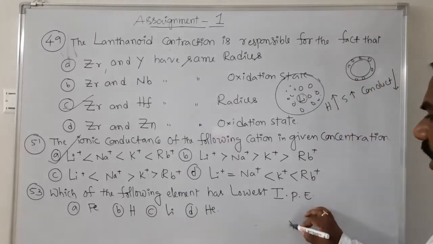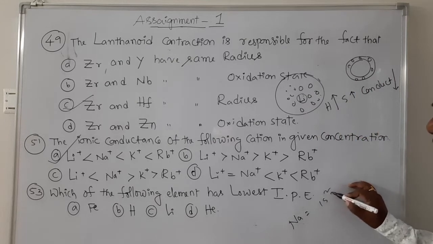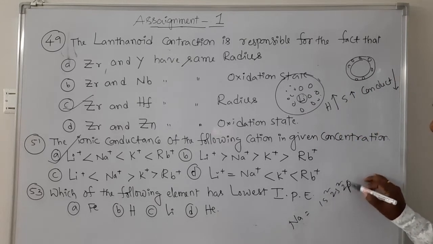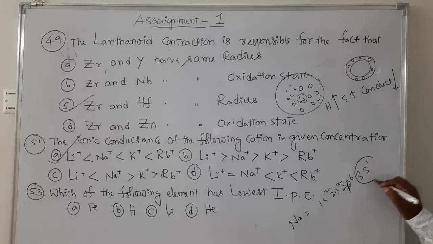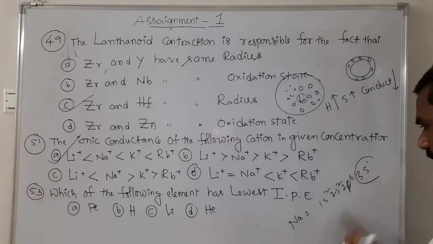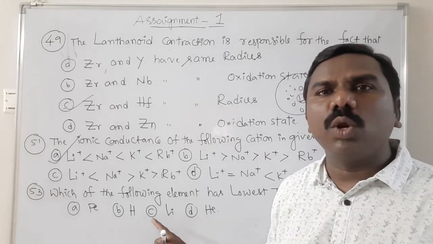For example, sodium is more reactive if you compare. What is the last shell? 1s2, 2s2, 2p6, 3s1, no? Last shell configuration 3s1. This electron can be easily removed to get a stable configuration. So ionization enthalpies of first group elements are very low.